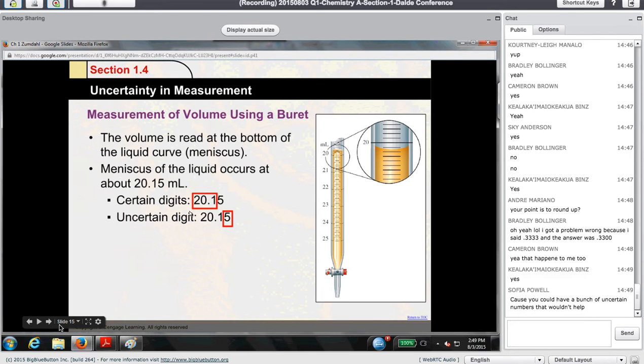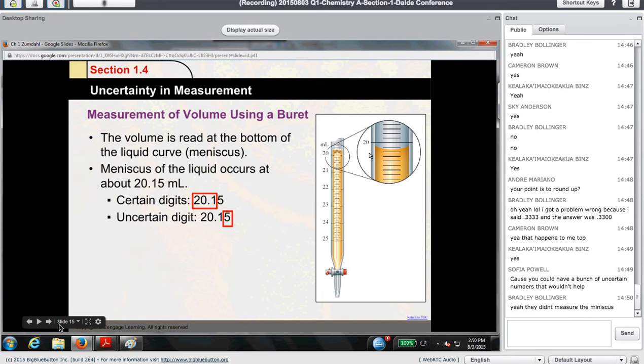I disagree with what they're saying. This looks to me like it's below 20, doesn't it? I disagree with their picture completely. It doesn't make any sense to me. What are they talking about?